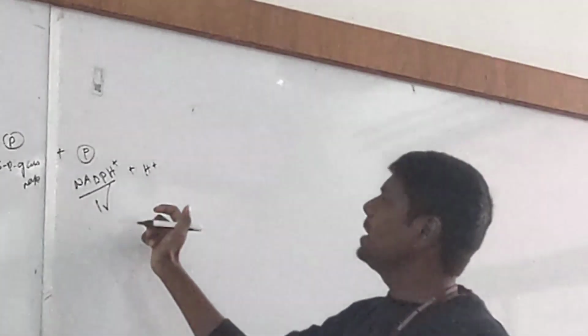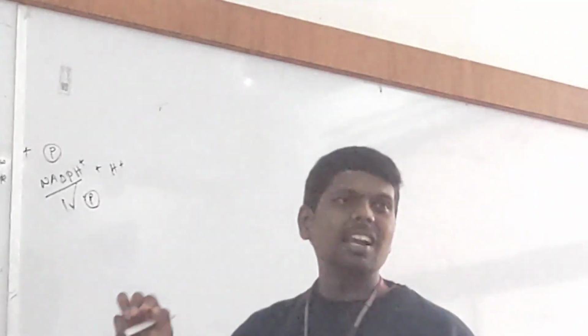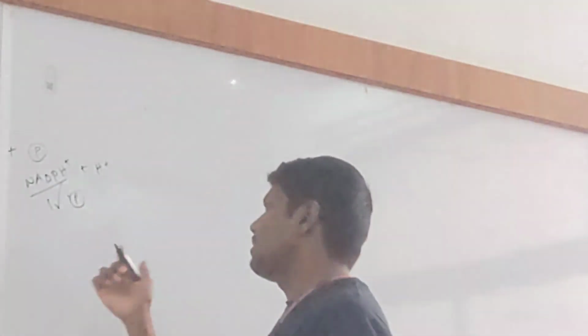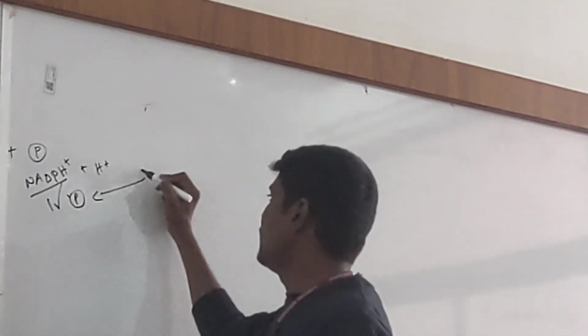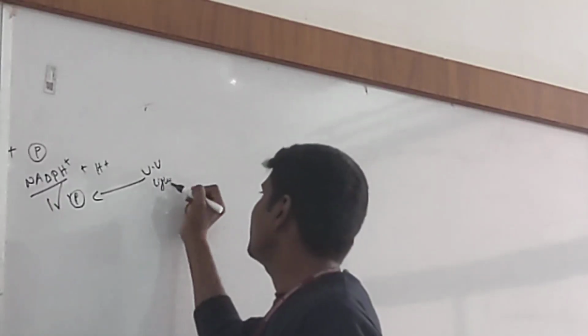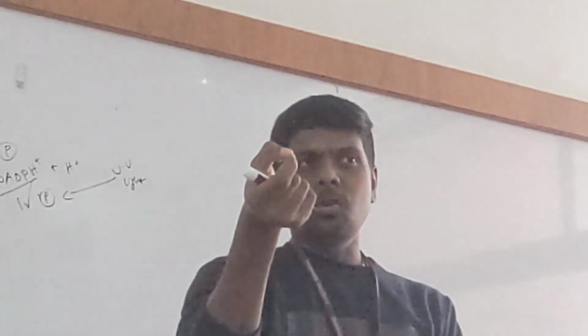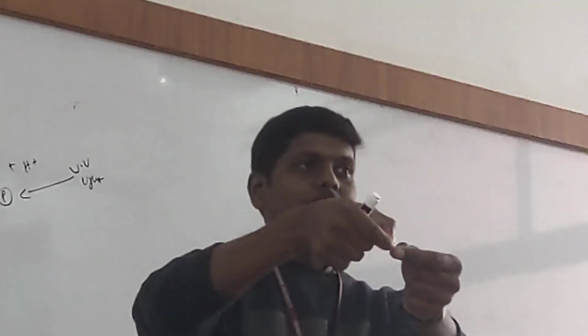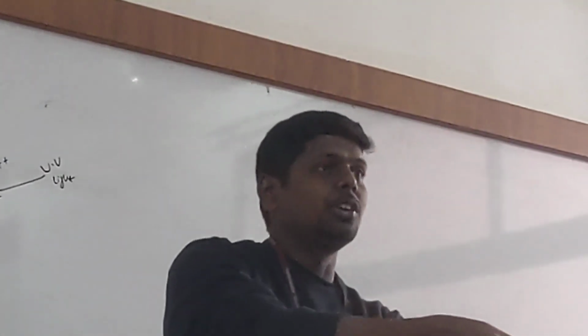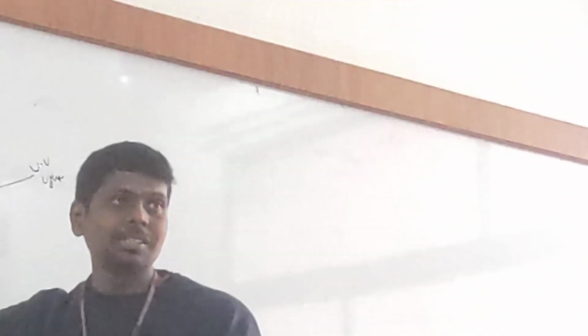This will be detected with some fluorophore. We are adding some coloring substance and that fluorophore will be detected under UV light. How does this test look? I will take a piece of paper, put a drop of blood on it, and suspend this paper in a solution. The solution has these two things.